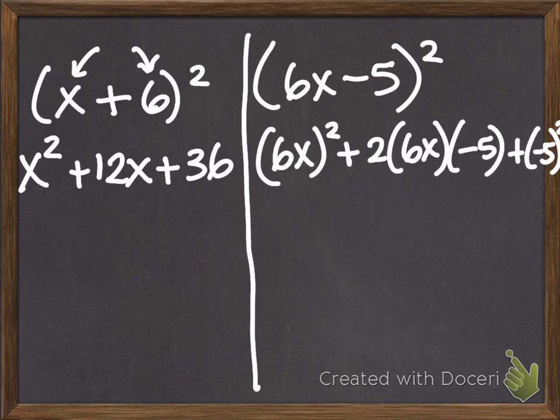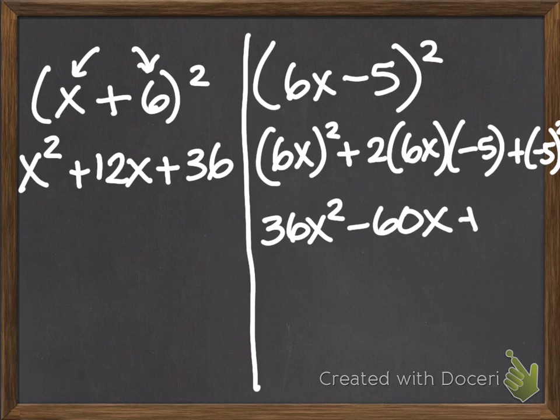And remember, on this first piece, when you go to square, you have to square both the x and the 6. So 36x squared. The 6 times 5 is 30. Well, with a negative it is negative 30. Times 2 is negative 60x. And plus 25. And a reminder that this piece will always be positive because when you square a number or a variable, it's always going to be positive.